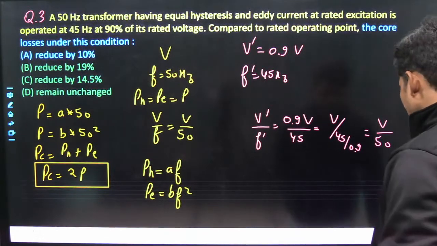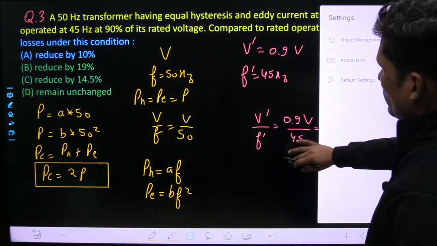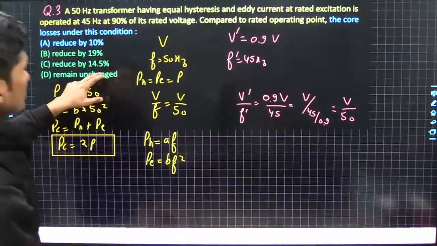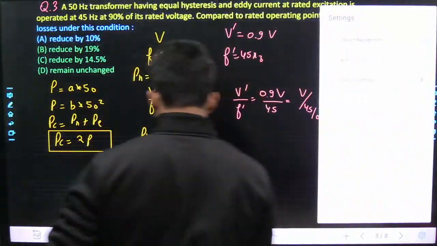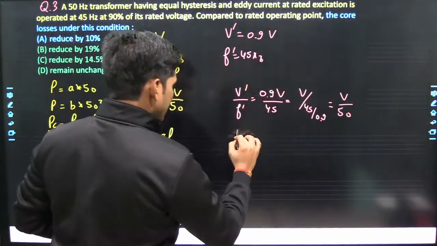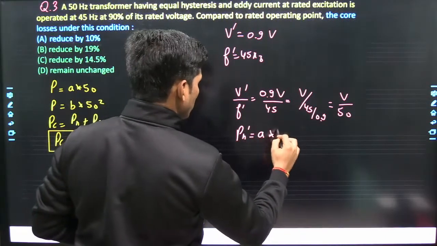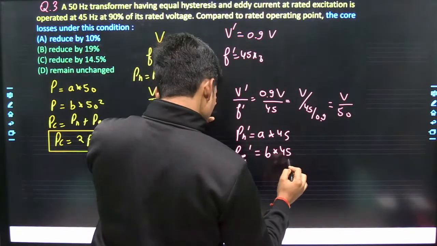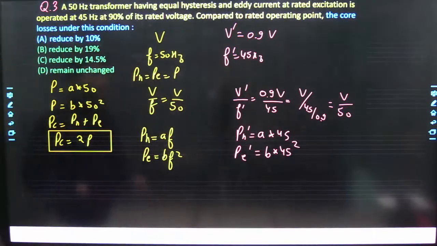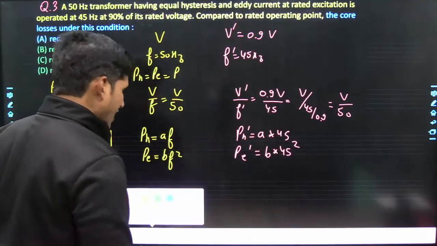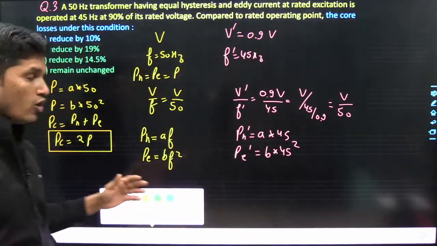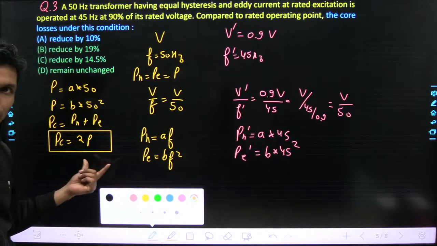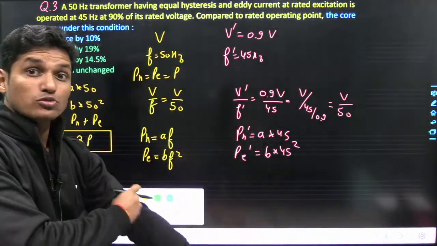Now in the second condition, PH dash equals A into 45, PE dash equals B into 45 square. Now we have to convert all the values in terms of P, because initially in the rated condition the total core loss is 2P.